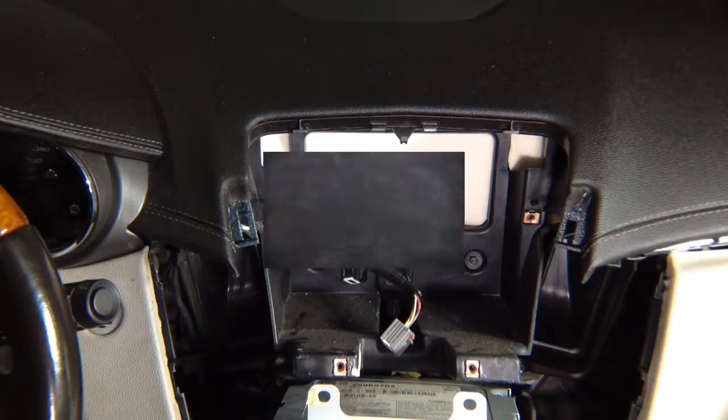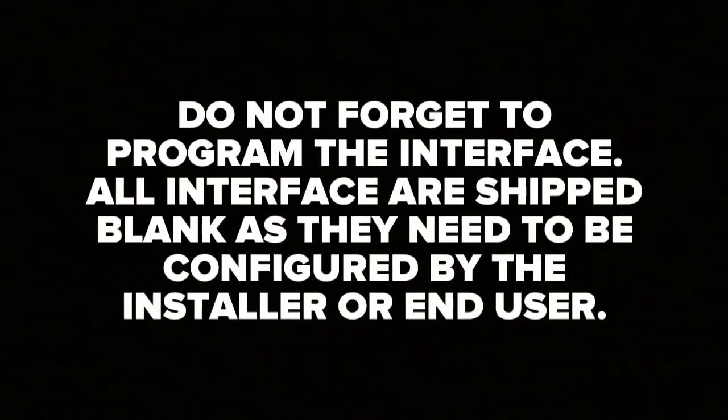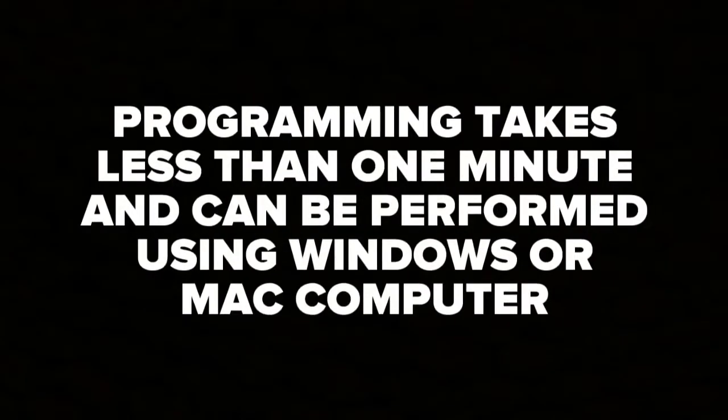Step 2. Product installation. Do not forget to program the interface. All interfaces are shipped blank as they need to be configured by the installer or end user. Programming process will take less than 1 minute and can be performed using Windows or Mac computer. How to update the software.